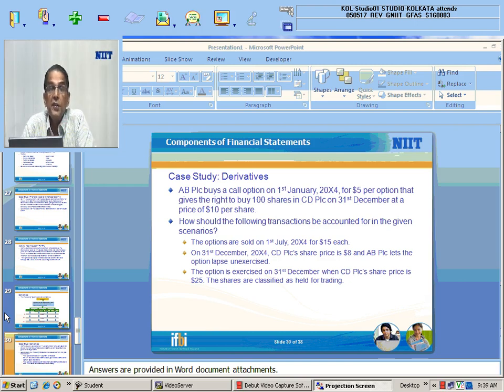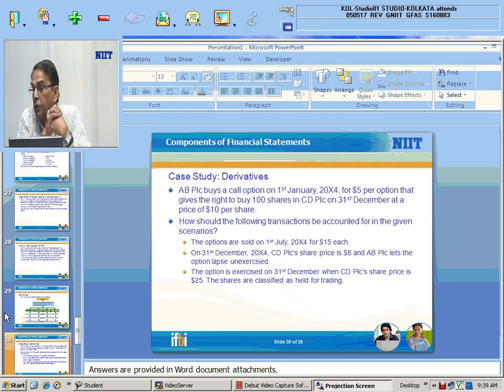If the shares are available in the market at $10 or below, then it doesn't give any benefit to the holder of this option contract to buy the shares at $10 per share. As long as the market price of the shares of CDPLC is more than $10, there is an advantage for the holder of the contract.